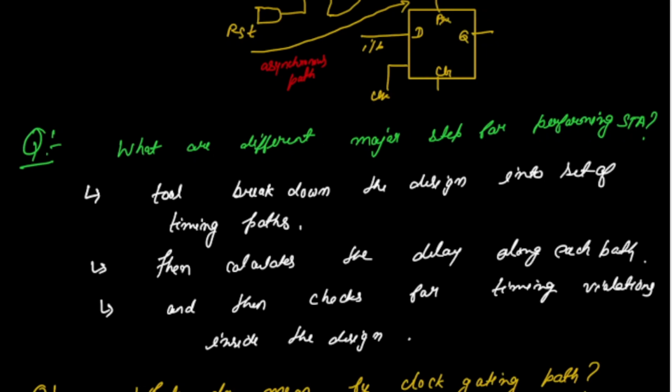Then the tool calculates the delay along each path, and then checks for timing violations inside the design. Based on the delay calculation, we get the values of timing violations inside the design. We will discuss later what types of timing violation there are.